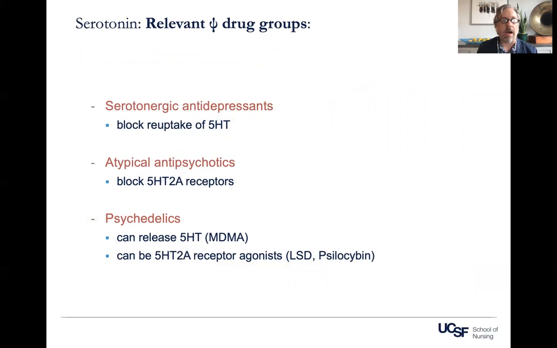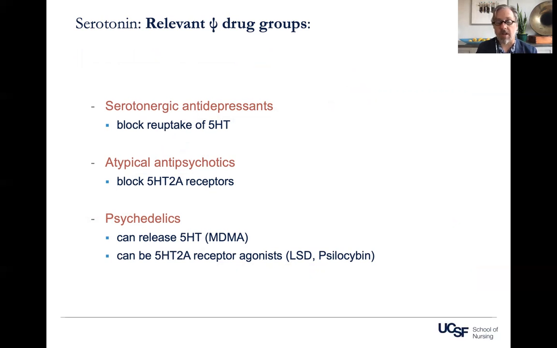So as I mentioned, the most relevant drugs in psychiatry would be the serotonergic antidepressants. These are things like SSRIs that block the reuptake of serotonin back up into the presynaptic neurons. So it hangs out in the synapse a bit longer, more likely to make it to the receptor and have its effect.